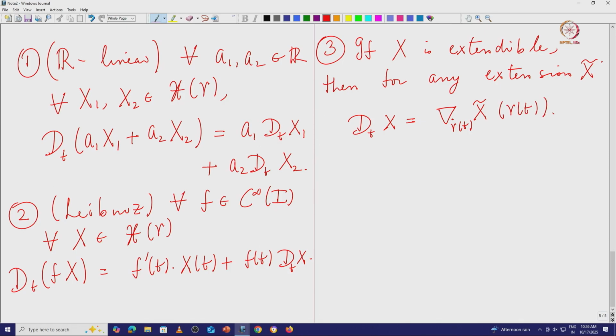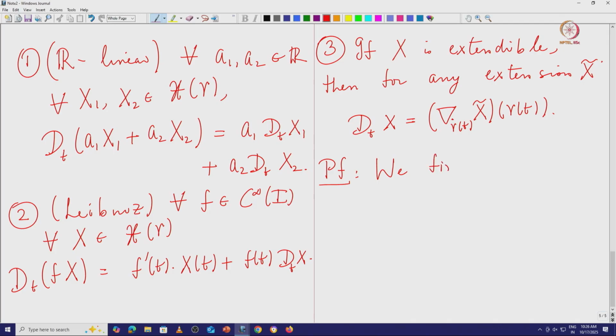All right. So I hope the statement is clear. So let's prove this proposition. We first prove uniqueness, and then the existence will follow from our proof of uniqueness.